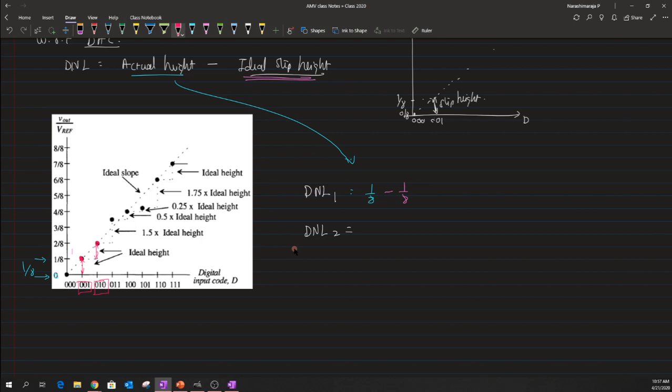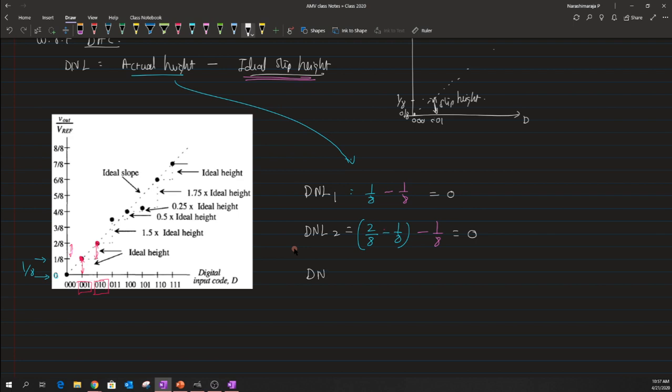That height difference is equal to the same 1 by 8. So it is measured as 2 by 8 minus 1 by 8 as the actual step height, minus the ideal step height, which is always fixed at 1 LSB, written as 1 by 8. The end result of this will also be equal to 0. So let me write this error is equal to 0, and even this error will also be equal to 0.